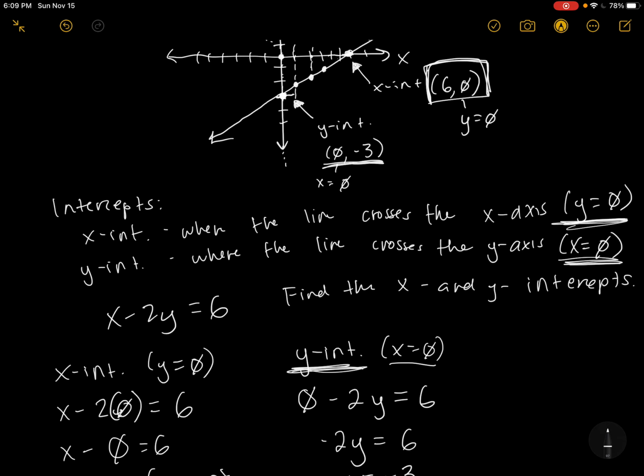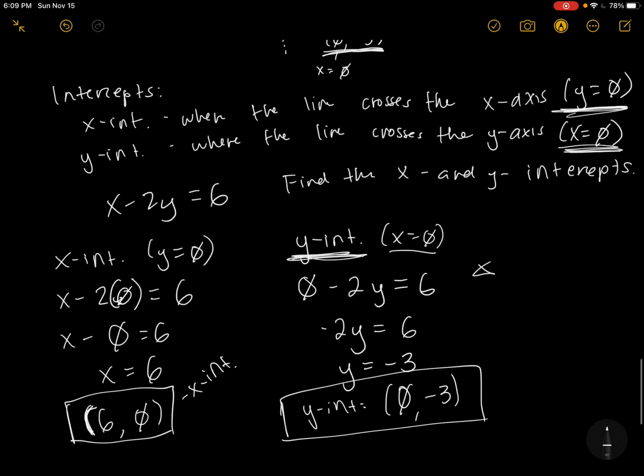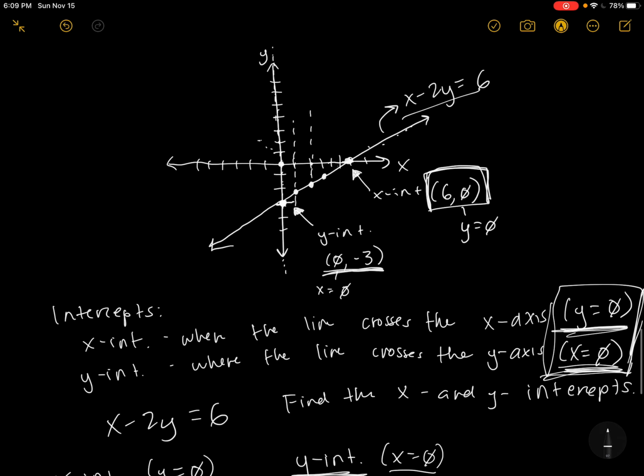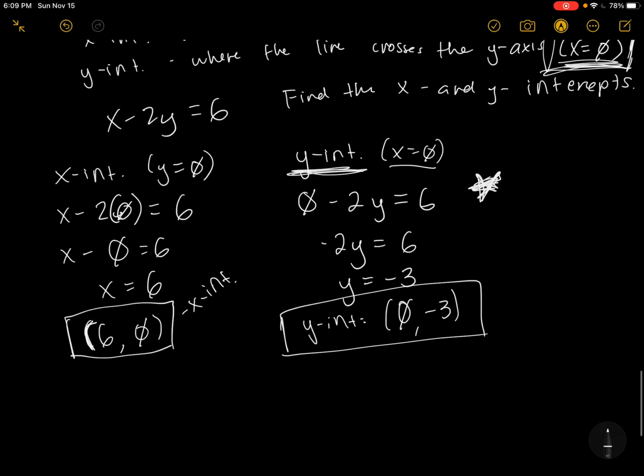So unless you're using grid paper and a ruler or a computer app, I would recommend using the algebra way, where you plug in these two values to find your intercepts, because if you freehand it, it's not going to be accurate.